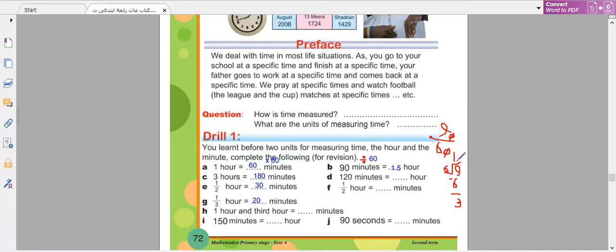The remainder is 3, so we can put a decimal point and put a 0 next to it. Here 5, 30.